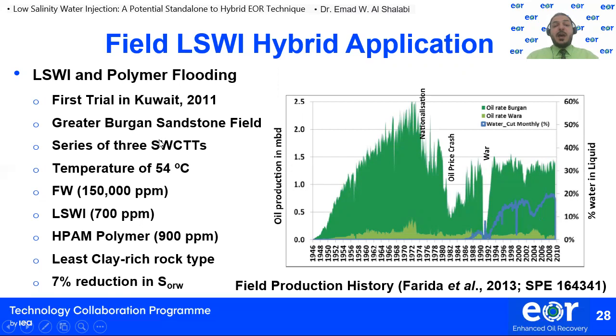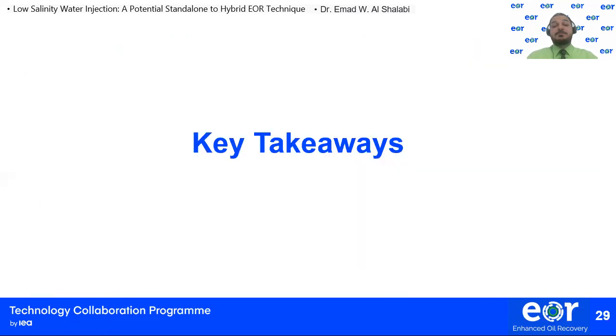They did it as a series of 3 single well chemical tracer tests, one with seawater or formation water, one with low salinity water, and the third a combined, hybrid low salinity water and polymer injection. They reported 7% reduction in conventional residual oil due to this hybrid technique.